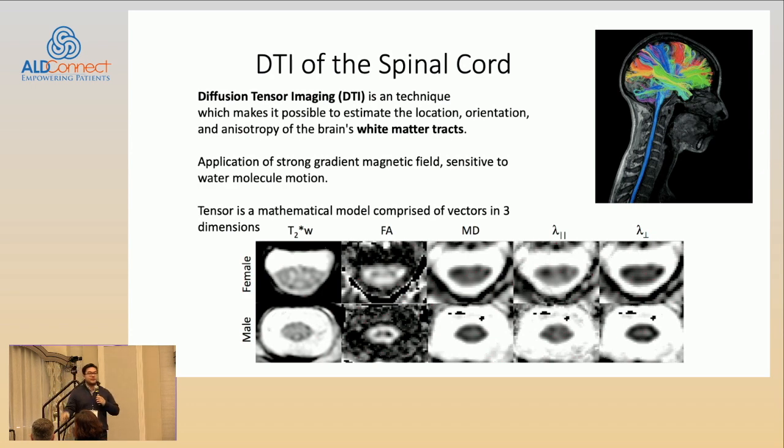So this shows the directionality of water as dependent on these long tracts. And these long tracts are the white matter tracts. So the better or the more robust these white matter tracts, the less water movement there is. And this allows us to create a mathematical model of vectors showing which way the water motion can happen in 3 dimensions.